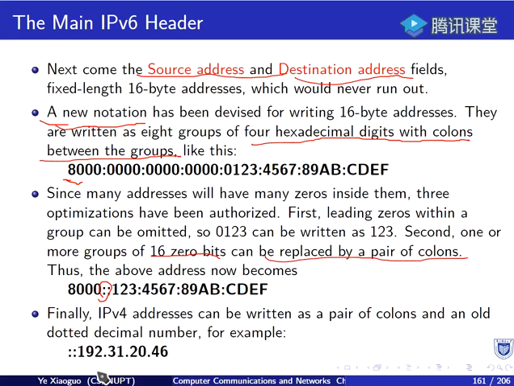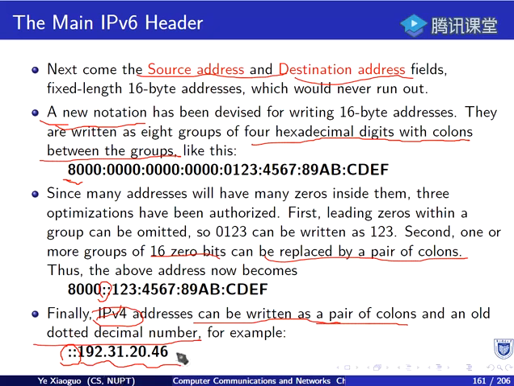Finally, IPv4 addresses can be written as a pair of colons and an old dotted decimal number, in dotted decimal notation.